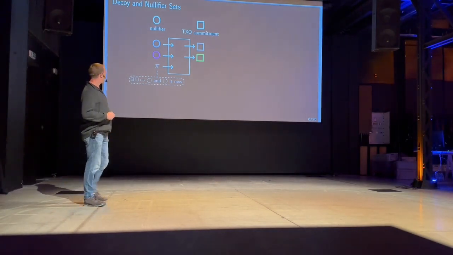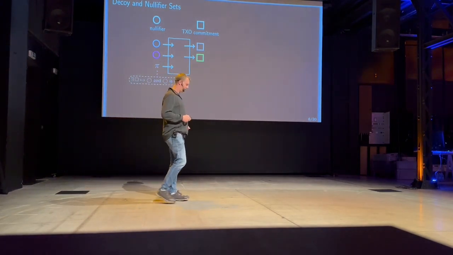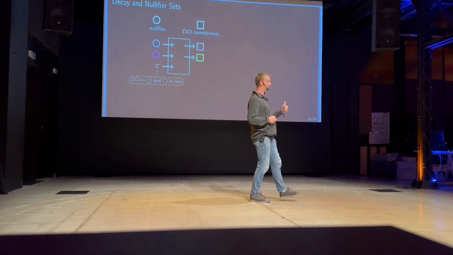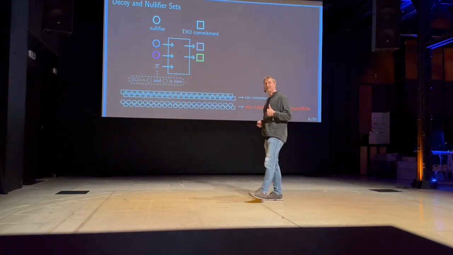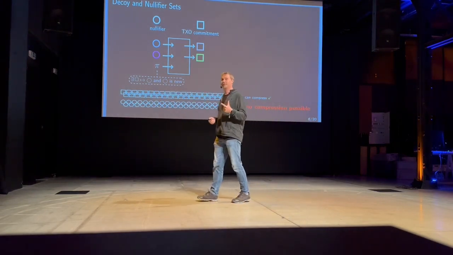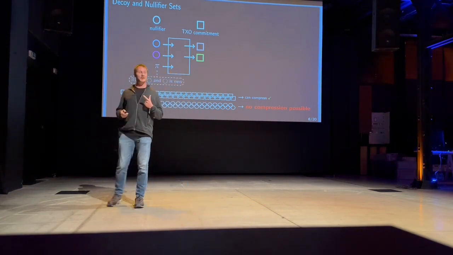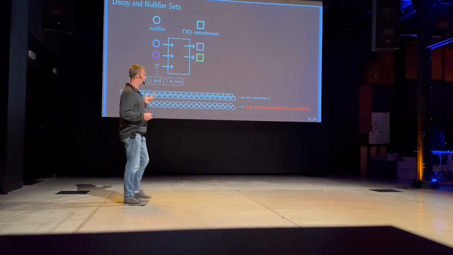Now, in order to prove this, and in order to verify it as well, you need access to two things. One is the entire list of transaction outputs, and the other is the entire list of published nullifiers. Fortunately, the list of transaction outputs you can compress using Merkle trees or Merkle mountain ranges or whatnot.